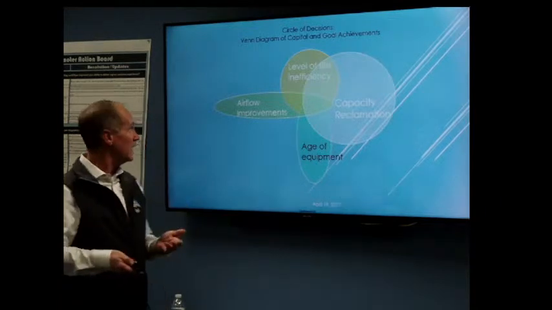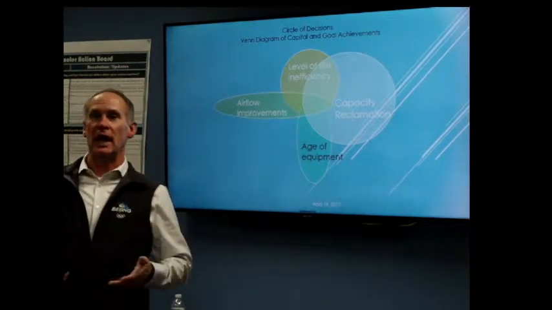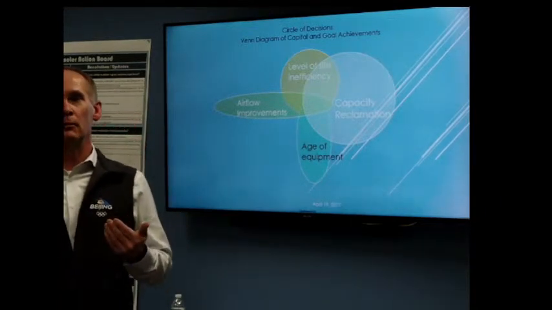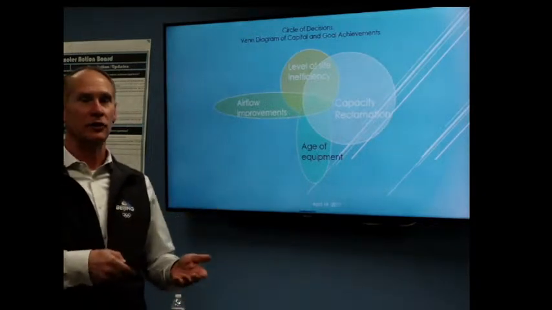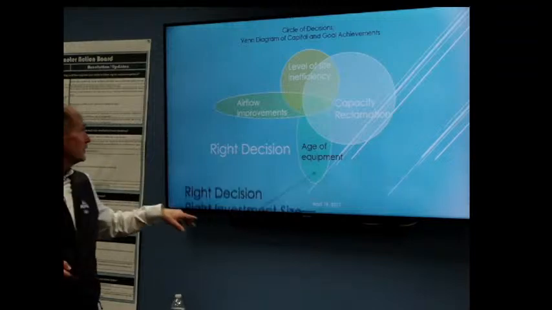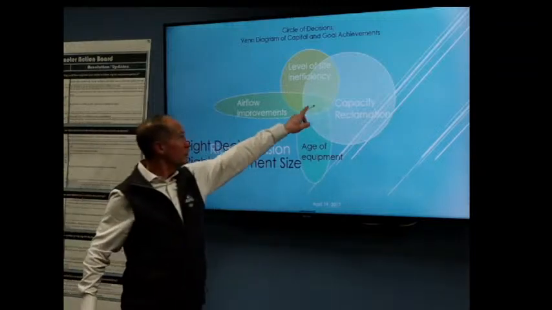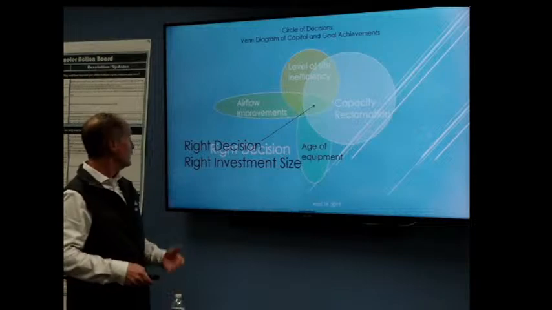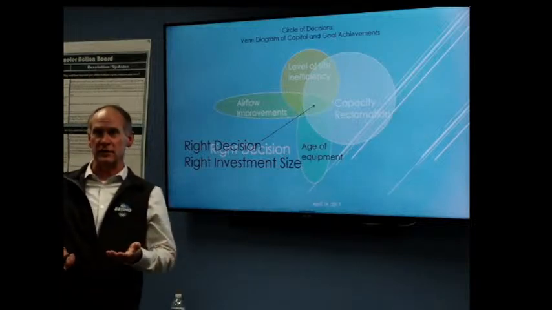But the real thing with capacity reclamation is you're actually able to do more with what you have than you used to. Because what's going to happen is you're going to walk yourself to this right decision, which is right here. And that right decision is going to really determine your investment size.